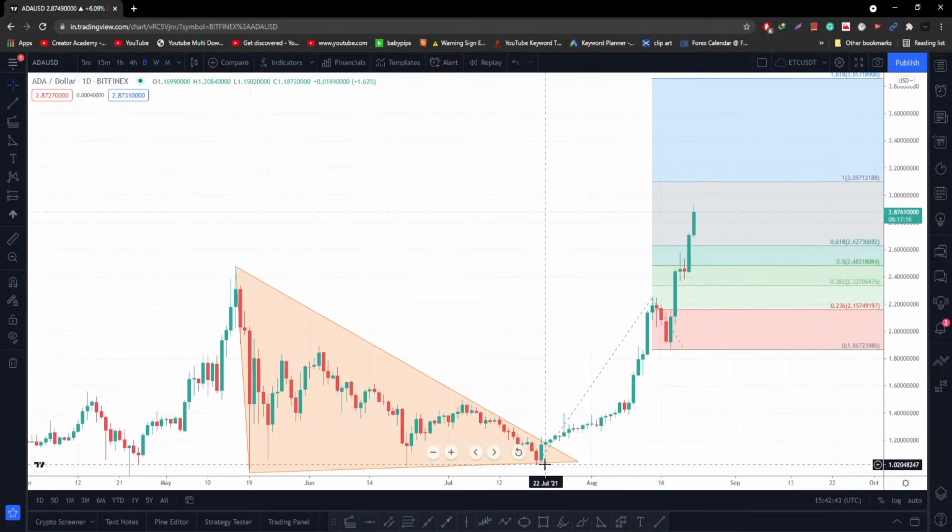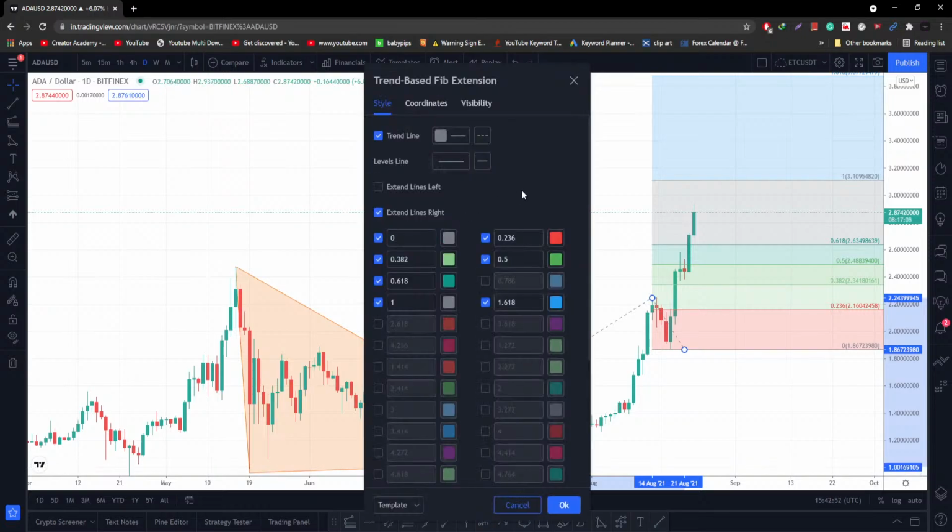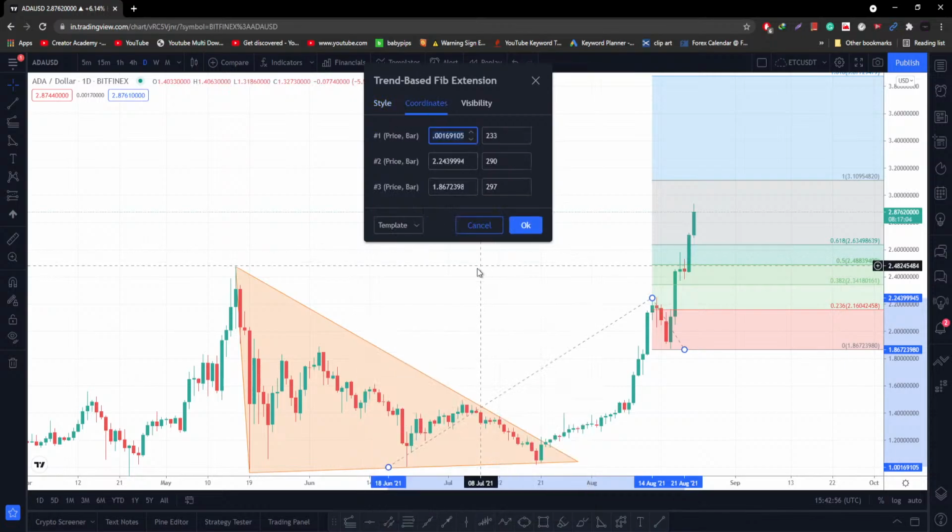All right, actually this Fibonacci expansion should start from here. So this is a low around 1.1726. 1.0065.